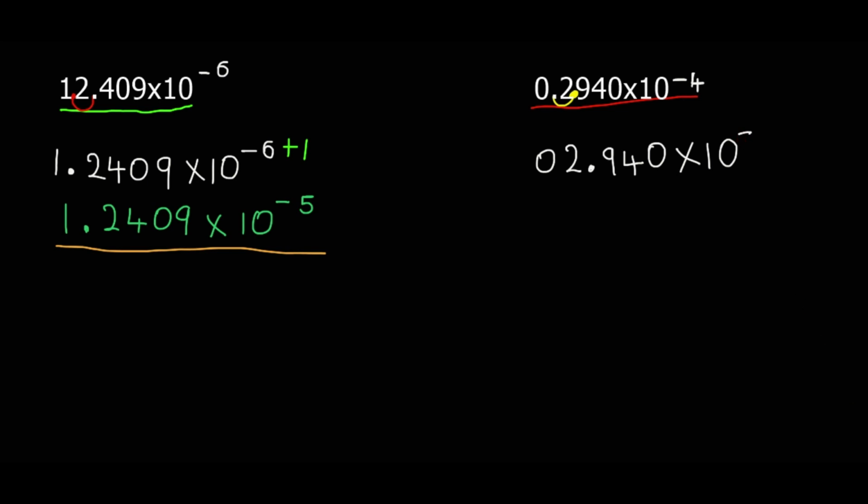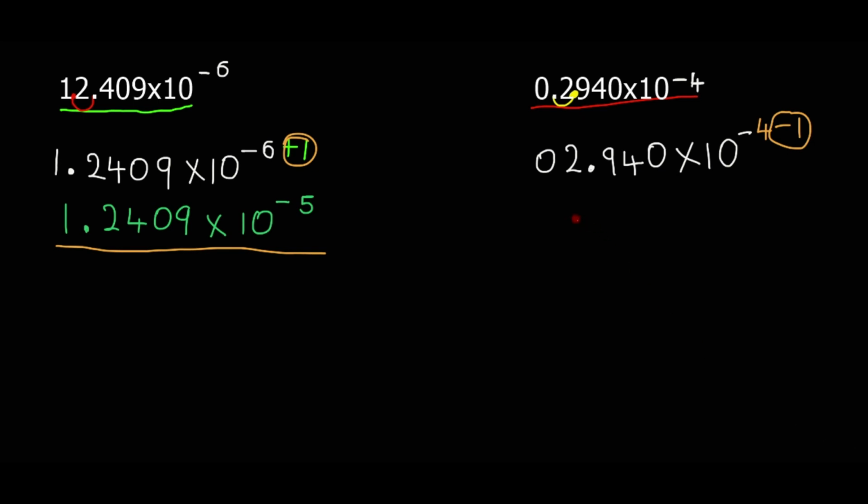And then because we moved, we must adjust the exponent: negative 4, negative 1. Moving to the right, minus, and moving to the left, plus. As you can see, when we move the decimal to the left we add 1, and when we take the decimal to the right we put negative 1.